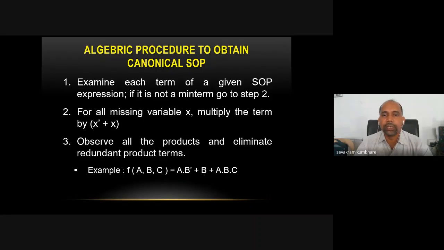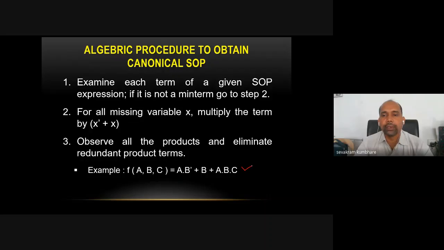Here a and c are both missing, so we multiply it with a bar plus a, c bar plus c. Here this is a min term, so no need to multiply anything, and you observe all the product terms and eliminate redundant ones. We did this in yesterday's class also.